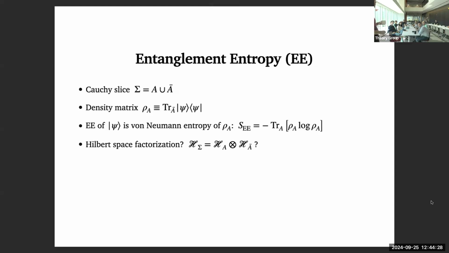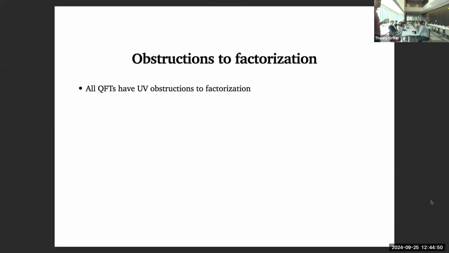And this setup here assumes a Hilbert space factorization for your region versus its complement, and that's never actually true, but for scalar theories, for example, the problems with factorization are just UV problems.